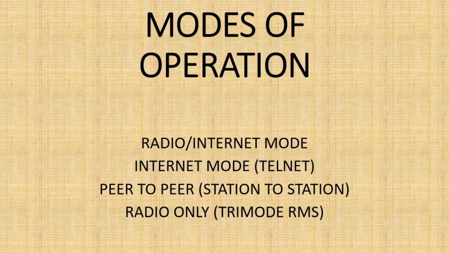The other way is to connect peer-to-peer, station to station. Of course, you have to know the call sign of the other guy. You've got to be on the same frequency, but you can work peer-to-peer. And there's advantages to doing that, maybe when the internet is down, or you want a little bit more privacy.